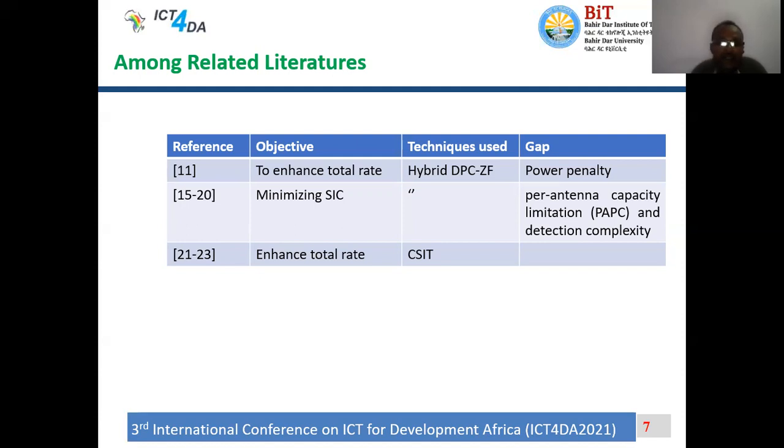And again, the authors under references 21 to 23 tried to enhance the total rate by using channel state information at the transceiver. However, they didn't consider any results from previous works.